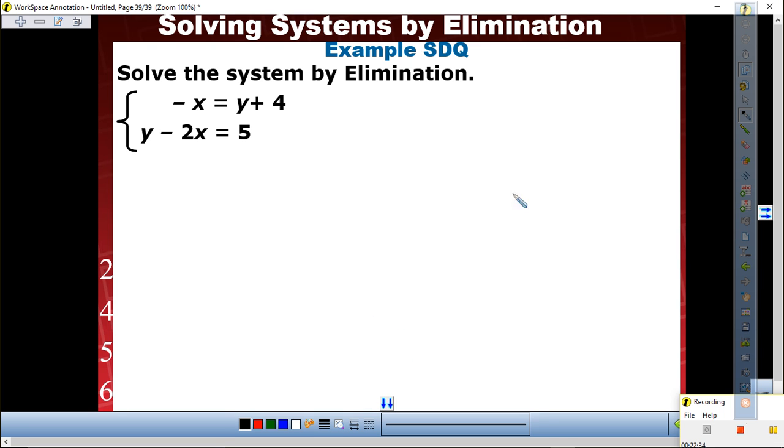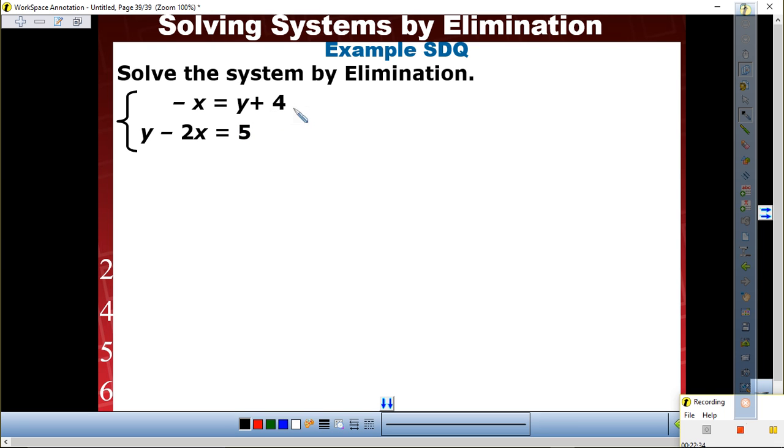Okay, Gloria, elaborate for us, please. What is different on this one? Well, the variables are not lined up. Okay. So the only one that we need to line up now is what?